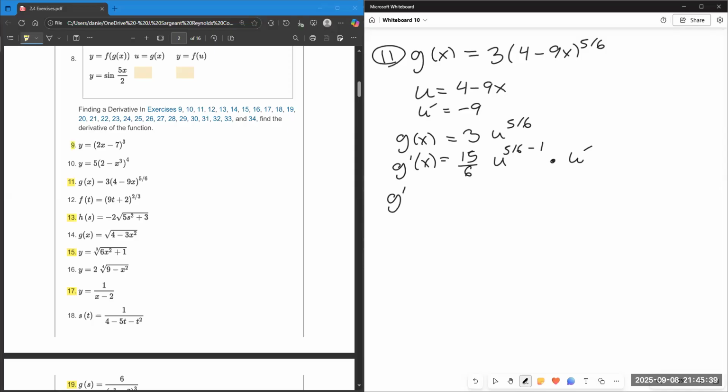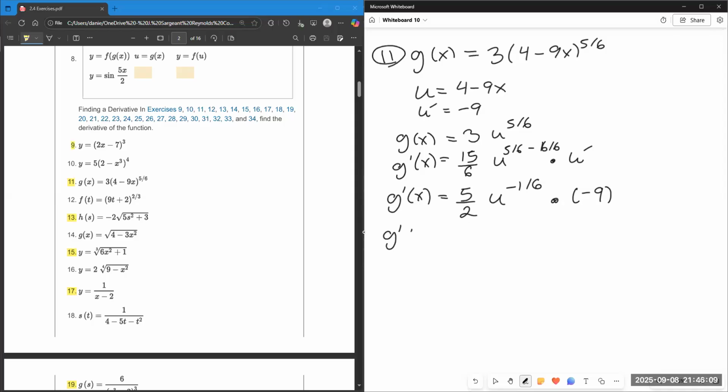G prime of x is 3 goes into 15 5 times, 3 goes into 6 2 times, u to the 5/6 minus 1, which is 6/6, so 5 minus 6 is a negative 1/6 times u prime is a negative 9.